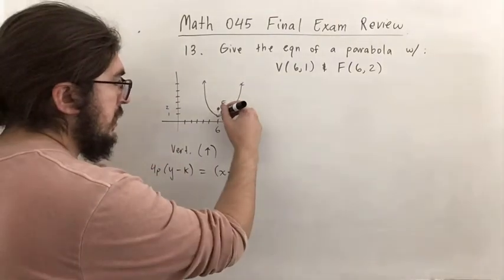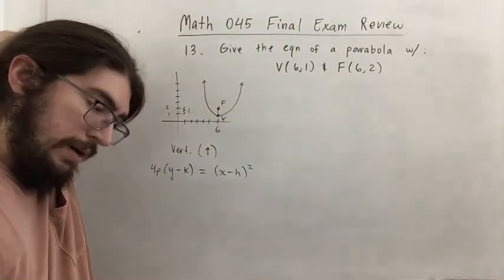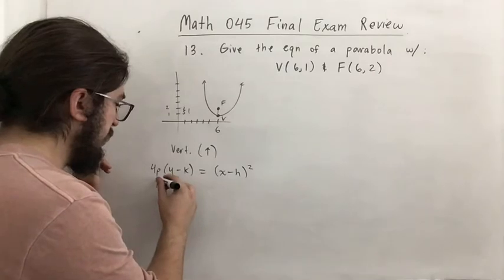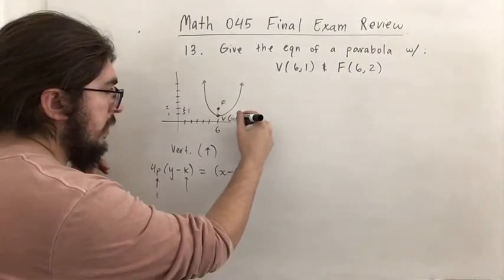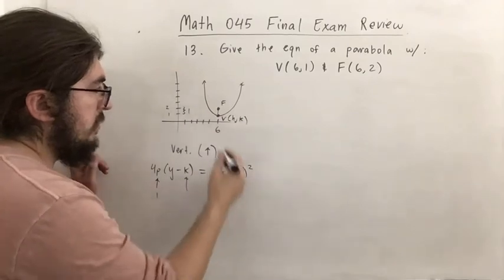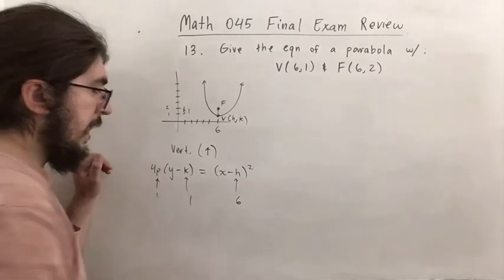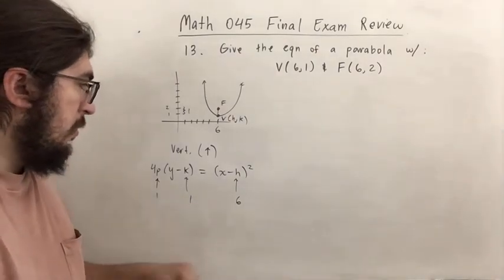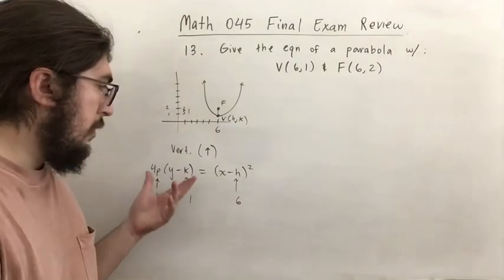So notice the distance here is just the difference between these two numbers, like I mentioned earlier, and that's just 1. So I know p is 1. K and h are the coordinates of the vertex, which of course are 6 and 1. So 6 is h, and k is 1. Now, the way I describe this makes it really easy to write out what it is for a horizontal parabola.